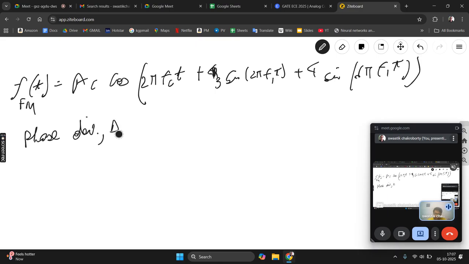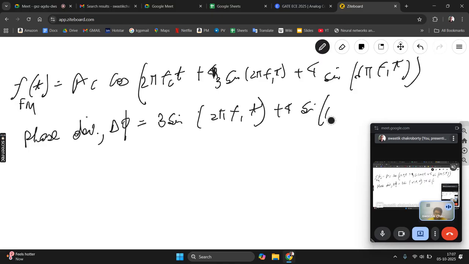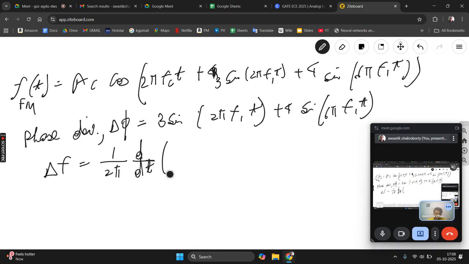Phase deviation delta phi is given as 3 sin 2 pi f1 t plus 4 sin 6 pi f1 t. Now, the frequency deviation will be 1 by 2 pi times the rate of change of this phase deviation.